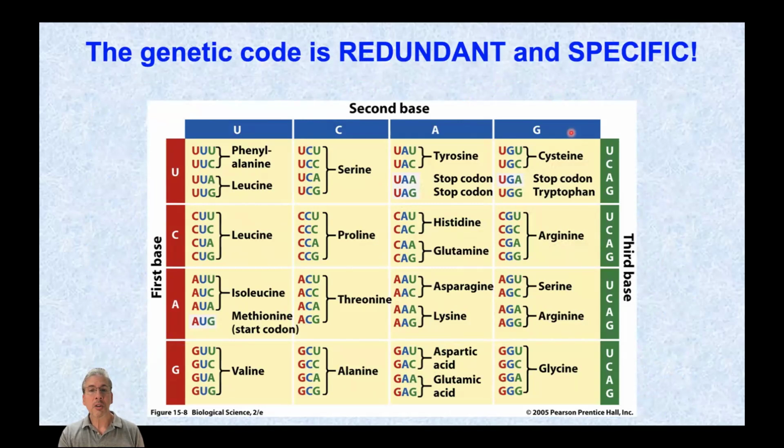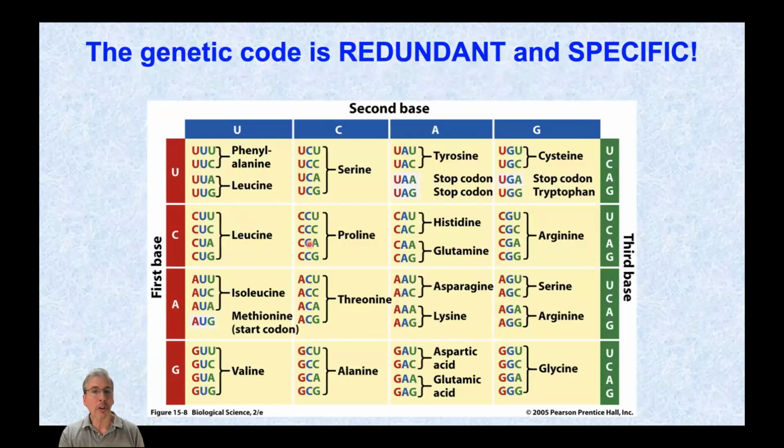Notice if you look at the genetic code, we can talk about it as being redundant and specific. Redundant in the sense that for many of these amino acids, there are multiple codons that can code for the same amino acid, as we see in leucine and proline and several others as well.